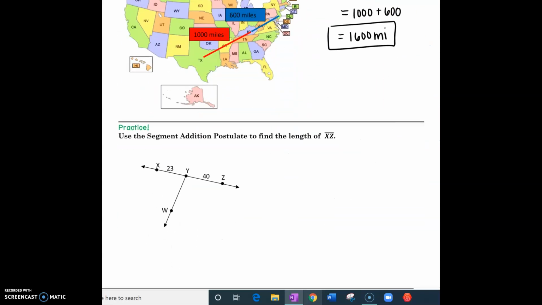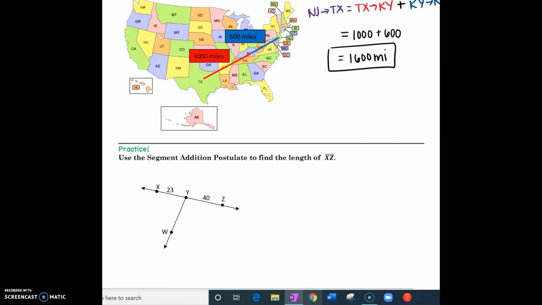Pause the video and try the practice problem on your own. So here we have to use the Segment Addition Postulate to find the length of XZ. So we have the length of XZ here is equal to the length of XY plus the length of YZ.